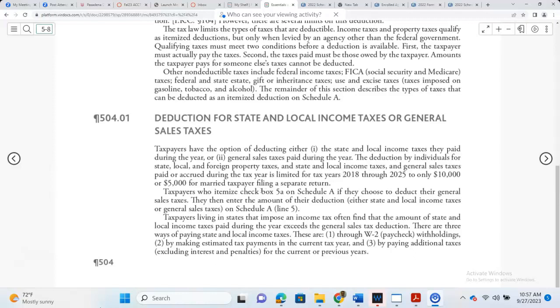Taxpayers who itemize check box 5A on Schedule A if they choose to deduct their general sales tax. So if you choose that, you have to check the box to use general sales tax. They can enter the amount of their deduction, either state and local taxes or general sales taxes, on Schedule A. We talked about that already.